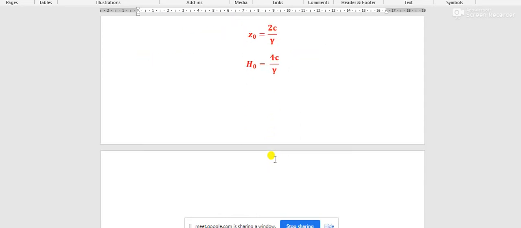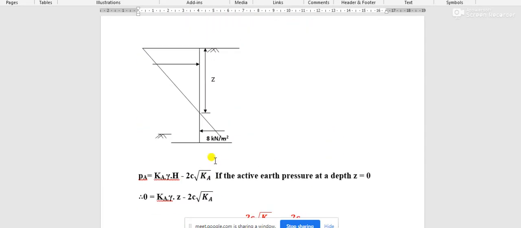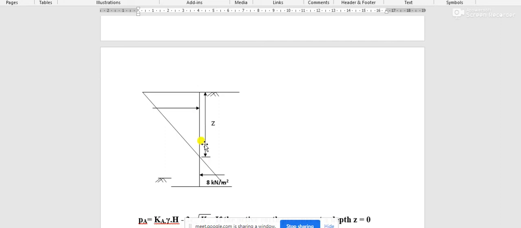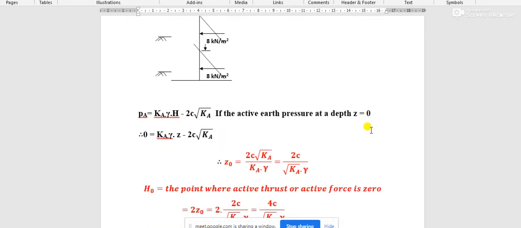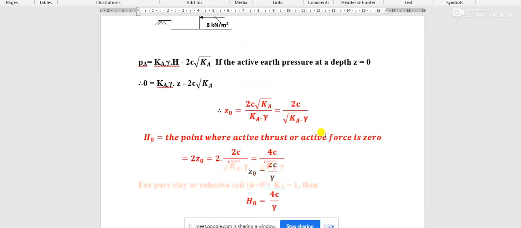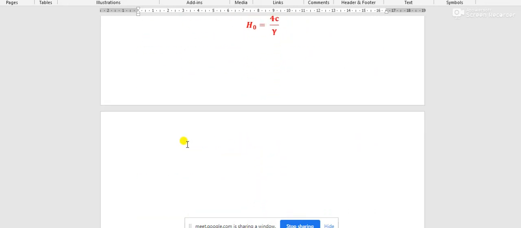Now, we may put the values to find out this value Z for this problem.